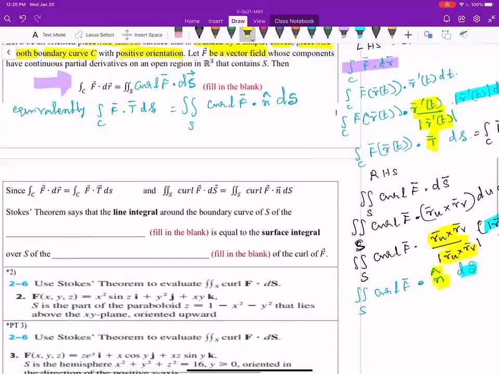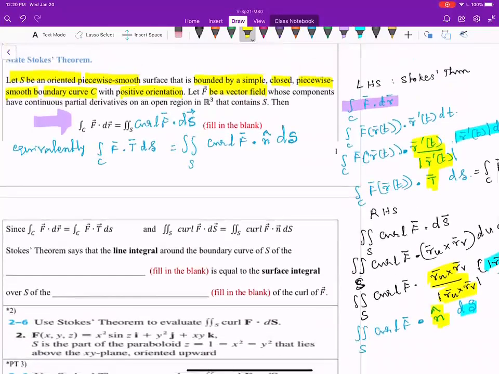So finally we can say the line integral over the boundary curve C of F is the same as the surface integral of the curl F vector. So it is equivalent to writing like the second step that we have shown here.